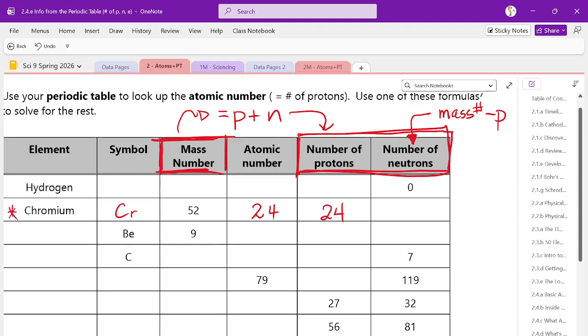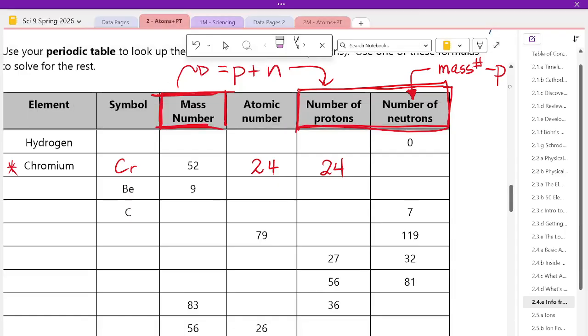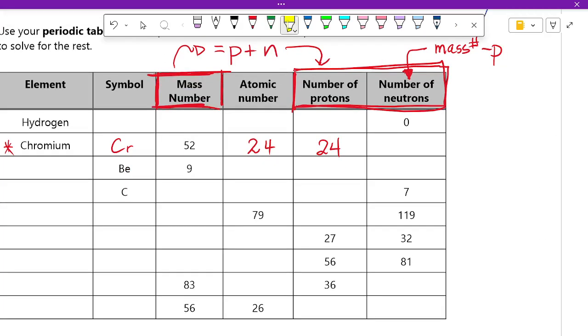So you're going to take 52 minus 24. And if you need a calculator, feel free to borrow a calculator. 52 minus 24 is 28. Okay?